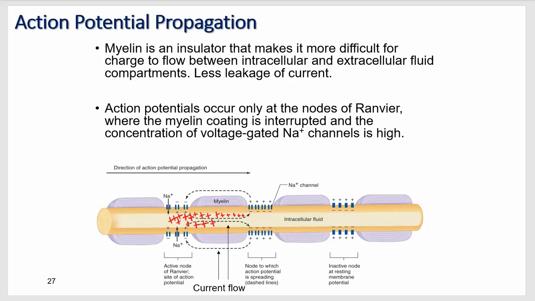So it starts out okay, but then it starts to fade. Even though the myelin is preventing that loss, it's still going to happen a little bit. It's not going to insulate it perfectly.